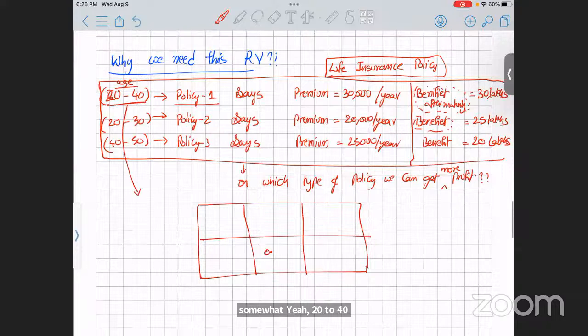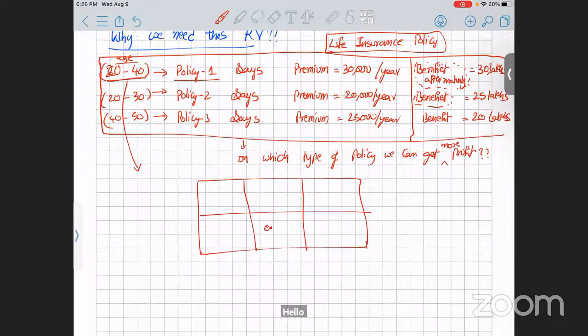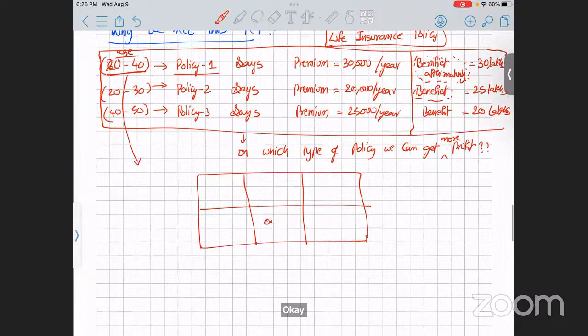The probability that the person will live is more. Agree? So for suppose for 20 to 40 years people, the probability that they will be alive for these 20 years is 0.7, and probability of death is 0.3.